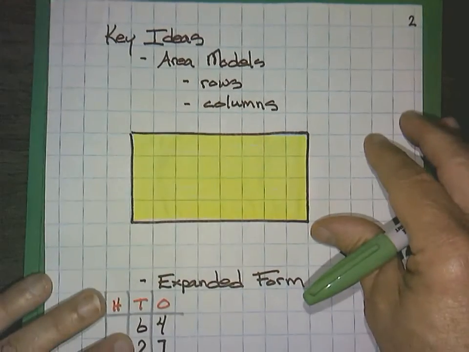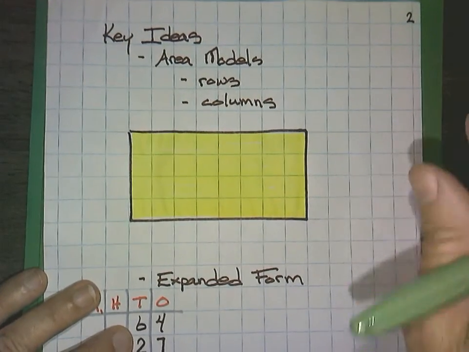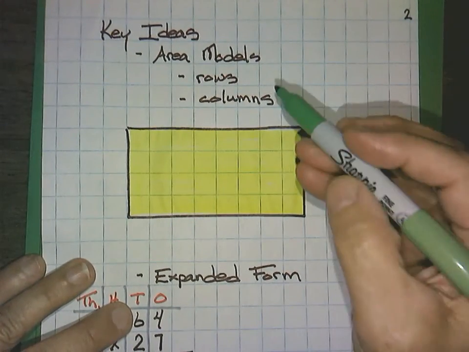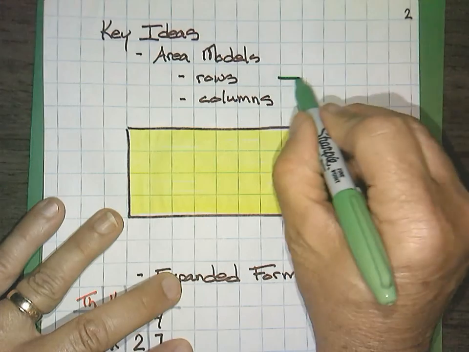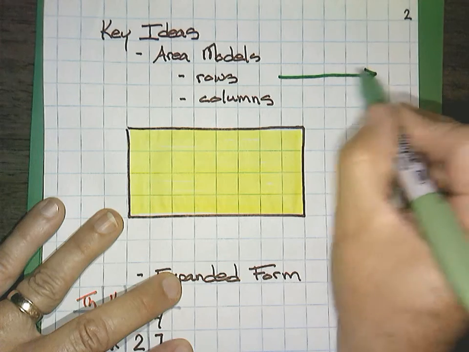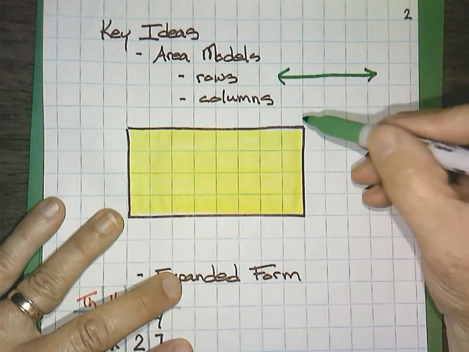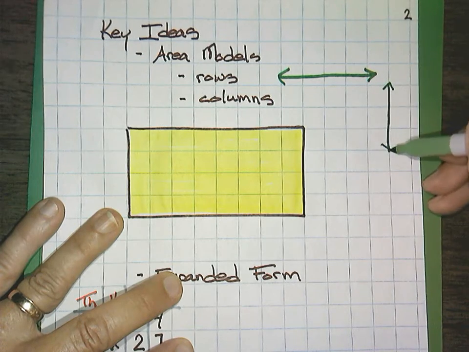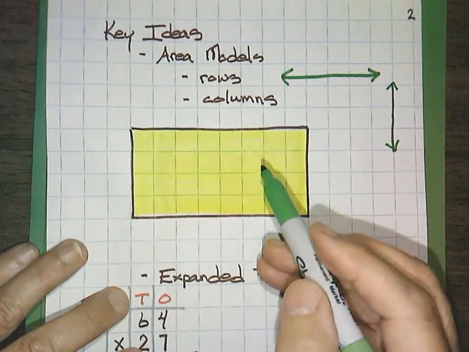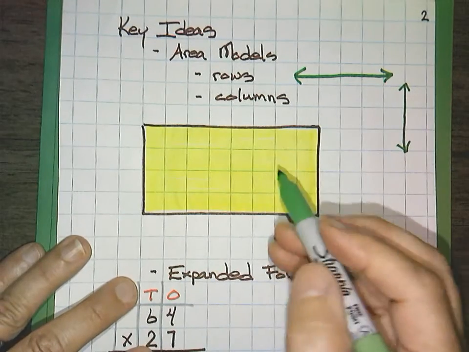Some key ideas when you're using area models to multiply 2 by 2 digit. Remember that area models use rows and columns. Remember that rows run from left to right. Columns run up and down. So here's an example of an area model representing a multiplication problem.